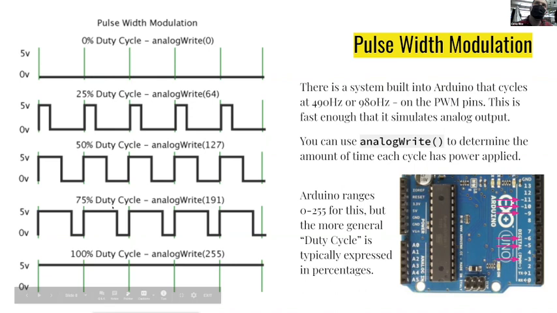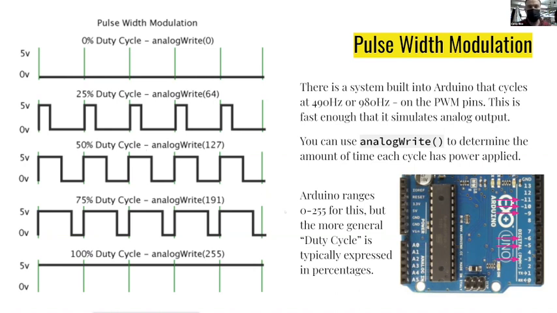Or if I do a 75% duty cycle, this is turning the 5 volts on for 3/4 of the time and leaving it off for 1/4 of the time. So this is like only applying 3/4 of the 5 volts. Mental math, 3¾ volts is essentially what you're simulating giving a motor or an output. This is basically just a system where you go through a cycle and you're imitating voltages.